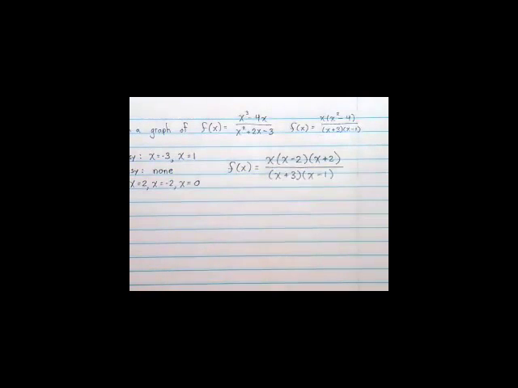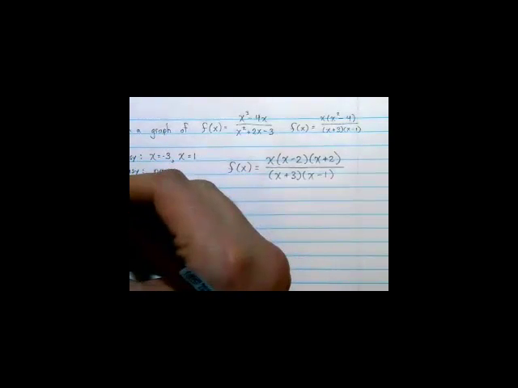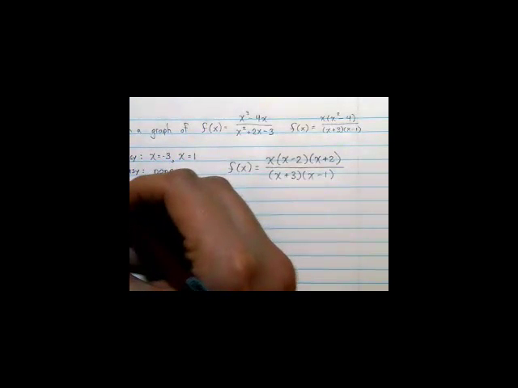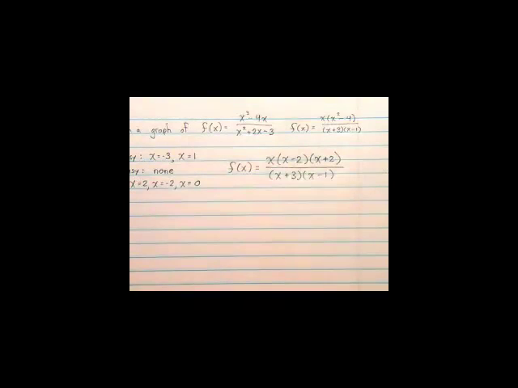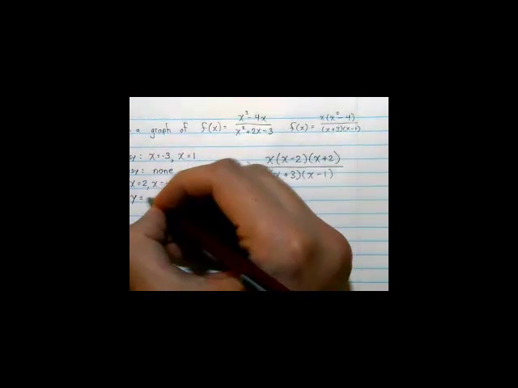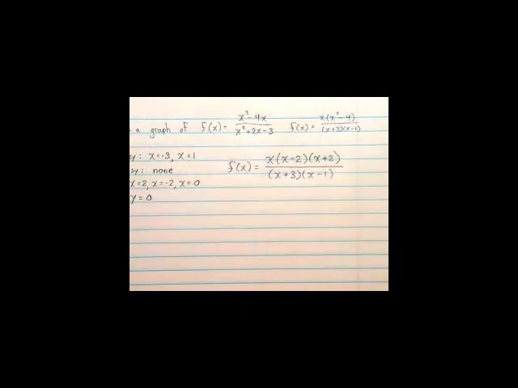Okay, and then the y-intercept. Remember, to find a y-intercept, we simply plug 0 into the original function and see what we get. So what should that produce then? 0, yeah. Now think about that for a second too. That should make a bit of sense based on the x-intercepts we just came up with.